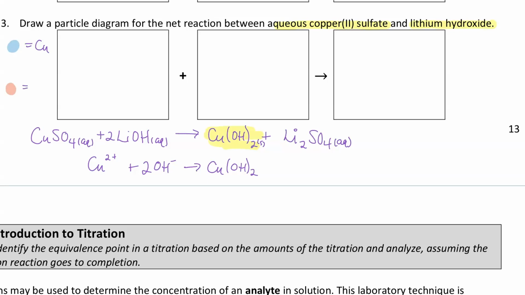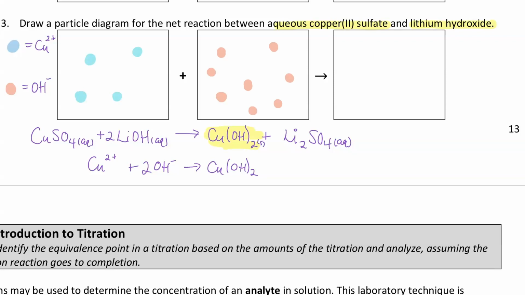And then this can be OH minus. This will be copper-2 plus. And then we can throw these in here. So I'm going to do at least a few of these. I'm going to go 4 coppers. And then we'll go 8 hydroxides. 1, 2, 3, 4, 5, 6, 7, 8.